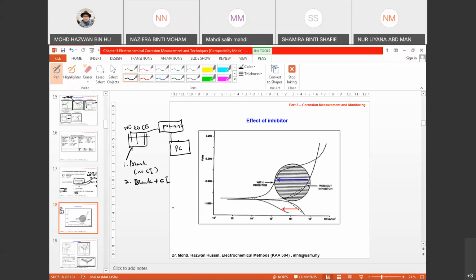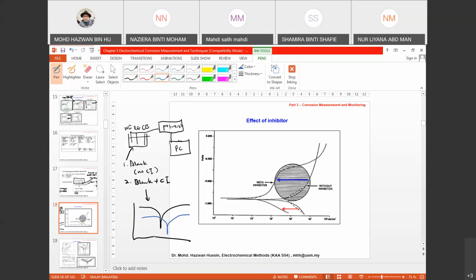What will be the behavior that you will observe? When you record the data, imagine that for the blank, you will get a plot like this, and with the presence of inhibitor, you will get a response like this.